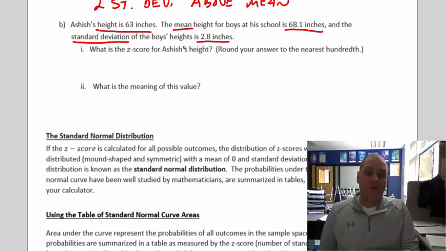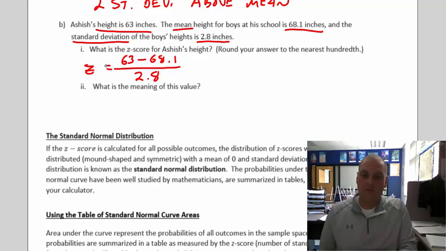What is the Z-score for Ashish's height? Well, his height was 63. We have to compare that to the mean. The mean is 68.1, so subtract 68.1 and then divide by the deviation. That's the Z-score. All right, it's negative 1.82. If you calculate this, you get negative 1.82.